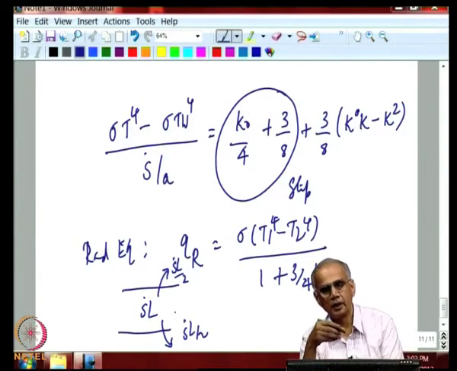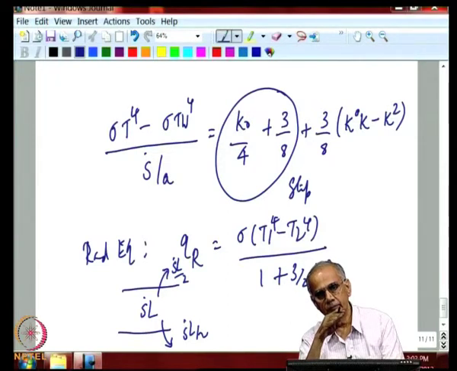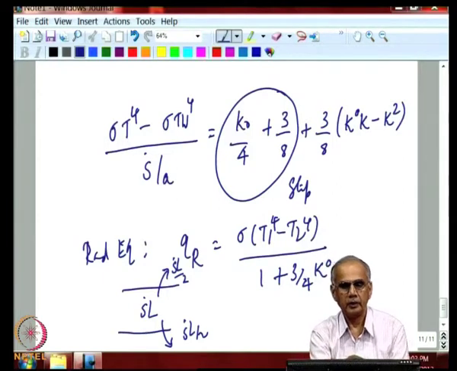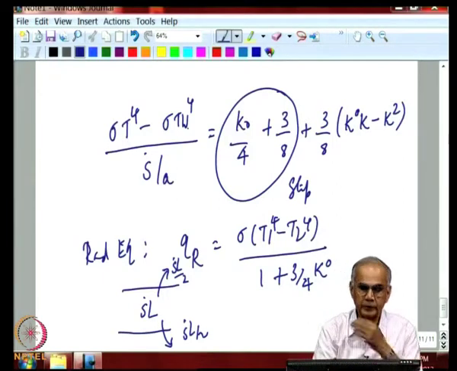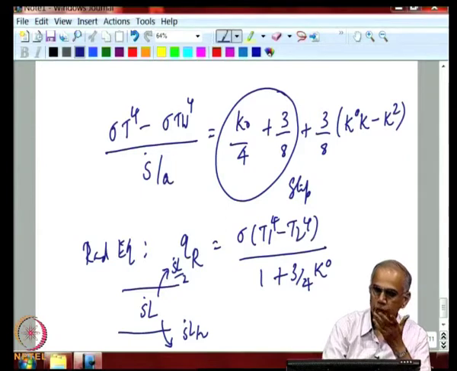So, this is a requirement, and because of that there has to be a temperature gradient between the center and the wall, and this temperature gradient will go on increasing as you go to higher optical thickness. That is why the slip you can see is proportional to this one.